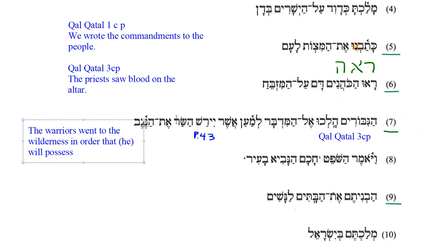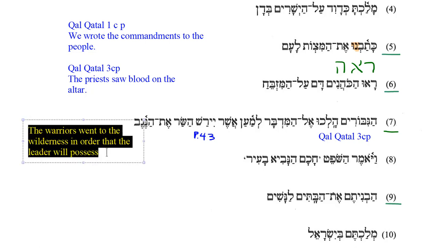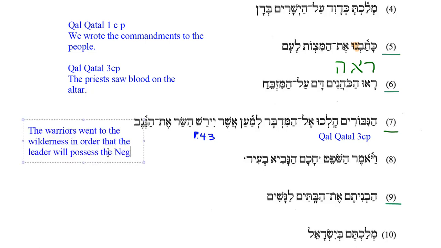So then the next word is hasar, which would be the prince or the leader. And so I think we're going to then replace our he with the leader will possess et, that's our direct object marker, ha-negev. The Negev can refer to an area in the south of Israel called the Negev. Sometimes it refers to the south just itself.